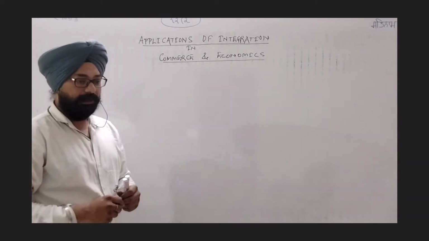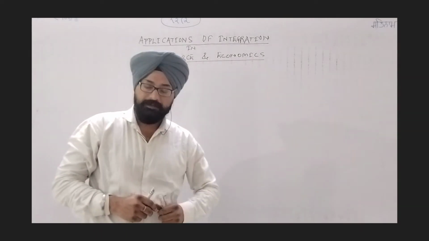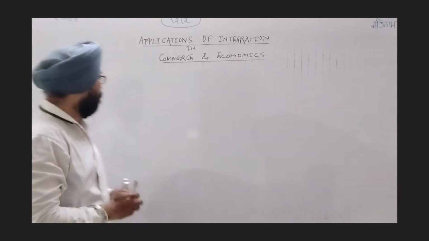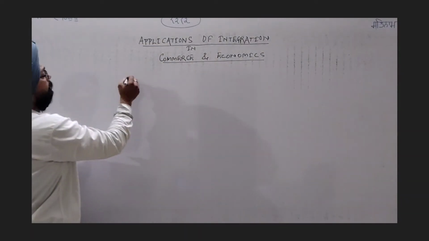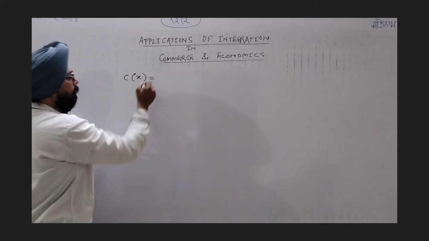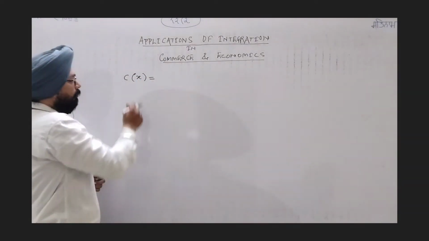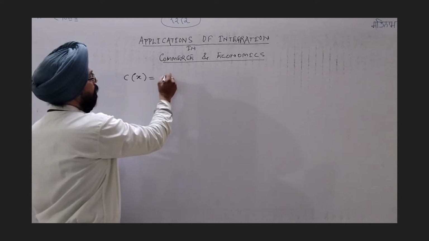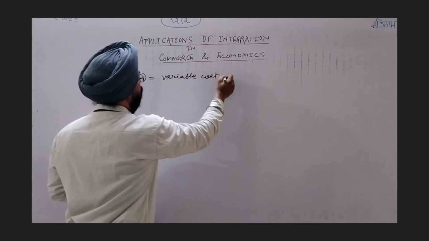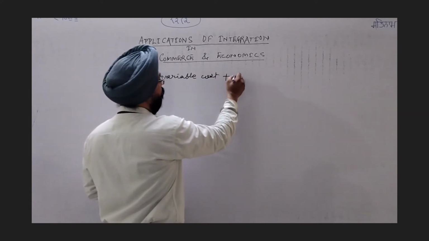First thing which we have to understand here before we go ahead is cost function and revenue function. Cost function in general we denote by C(x). This has two parts: variable cost and the other part is fixed cost.